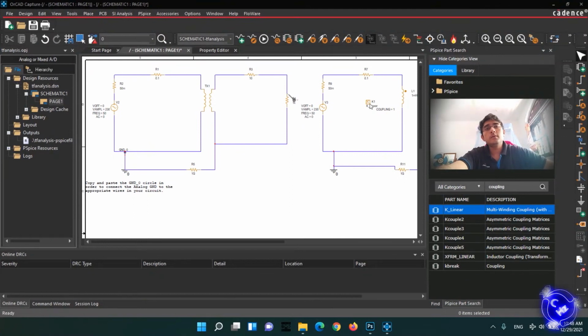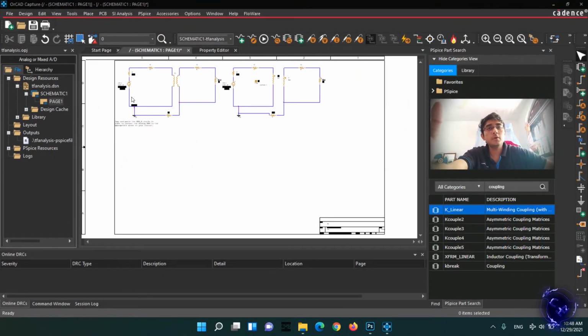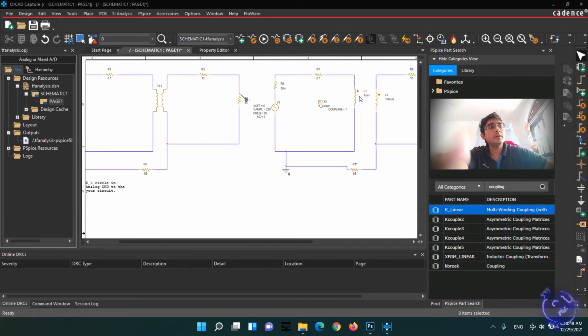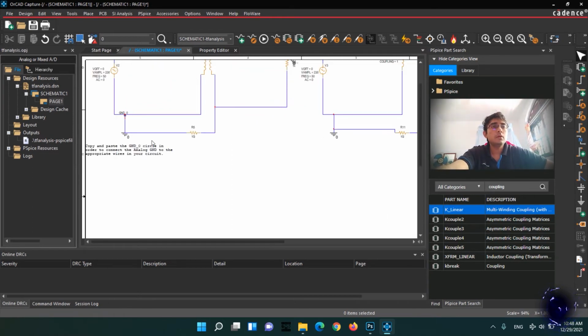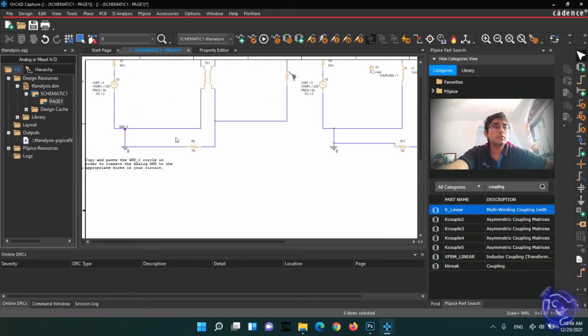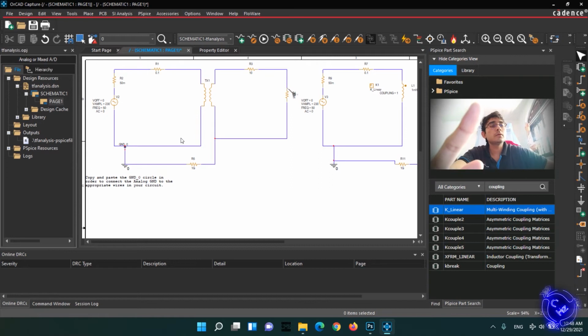Right, you can see those two are perfectly identical, perfectly matched. That means these two circuits are identical, that means this mutual coupling thing is working. Right, so let's see another approach, how to build this same transformer in another way.